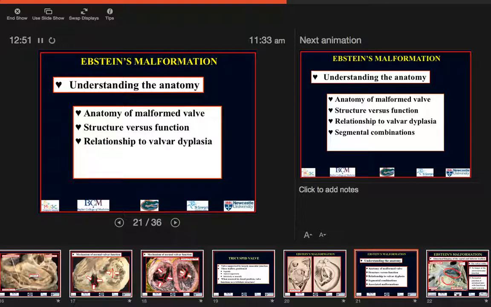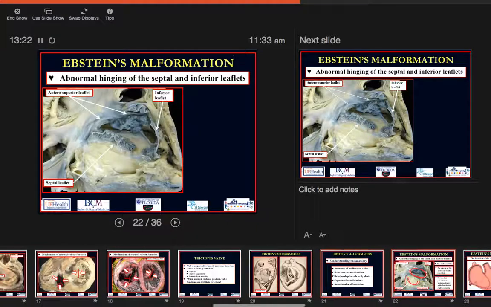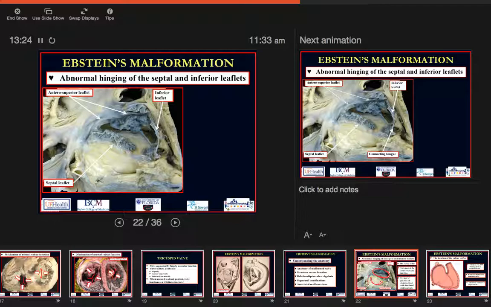We need to remember that the valve is obviously oftentimes dysplastic, and we need to remember also that in the setting of discordant atrioventricular connections that we will discuss this afternoon, oftentimes the tricuspid valve shows the features of Ebstein's malformation. And when we talk about abnormal rhythms, that is one of the associated malformations. Wolff-Parkinson-White syndrome is particularly common in the setting of Ebstein's malformation.